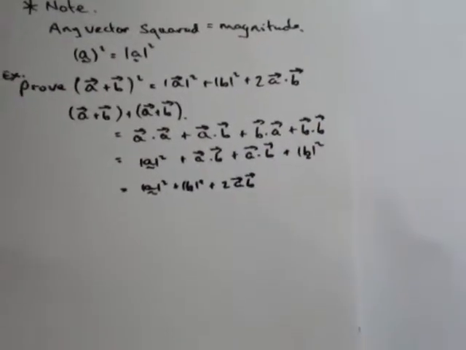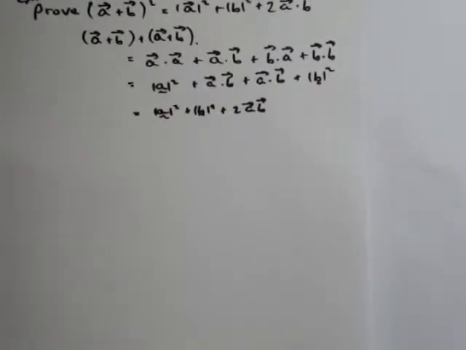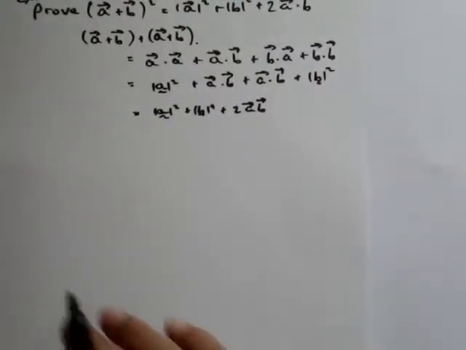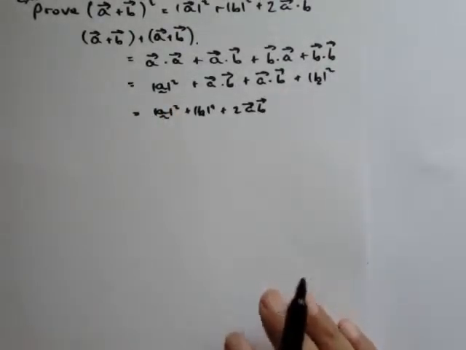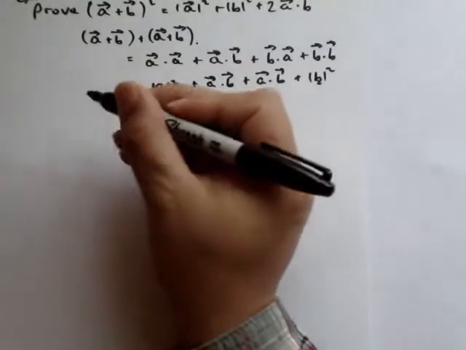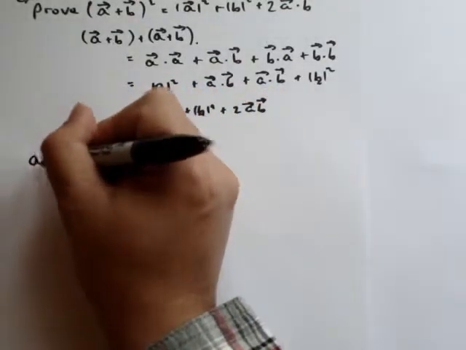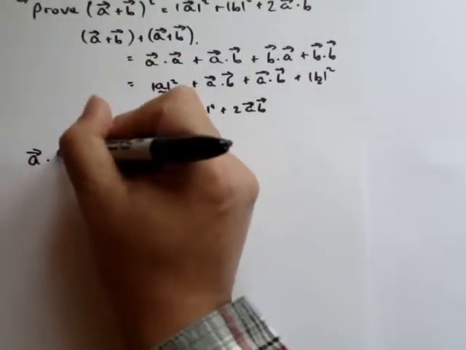Another important multiplication is the dot product, and we write this as a dot b.